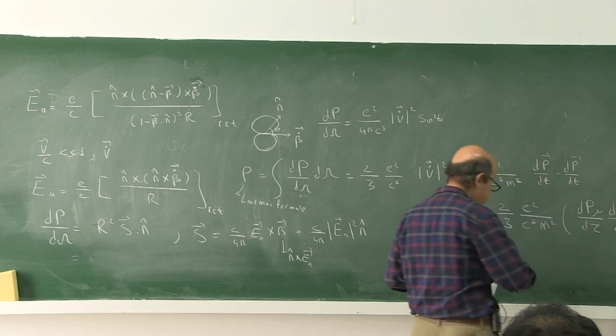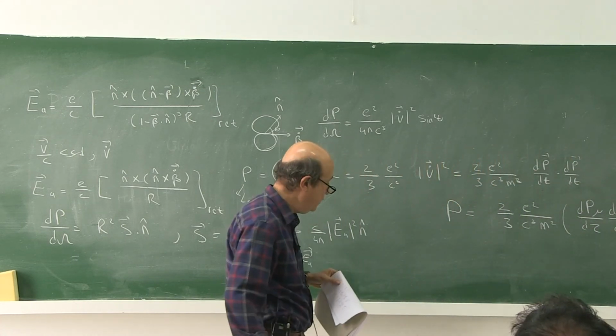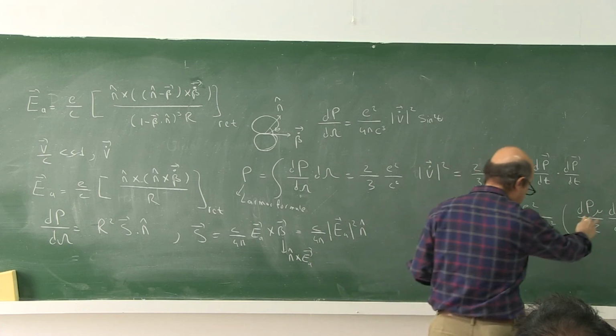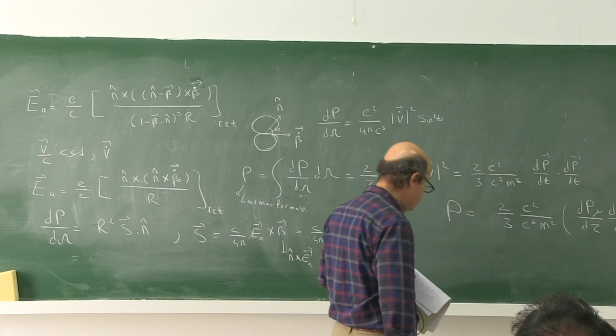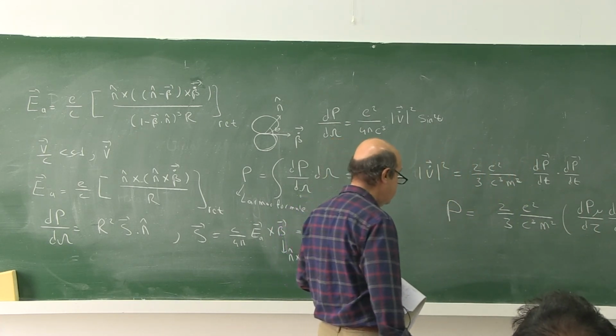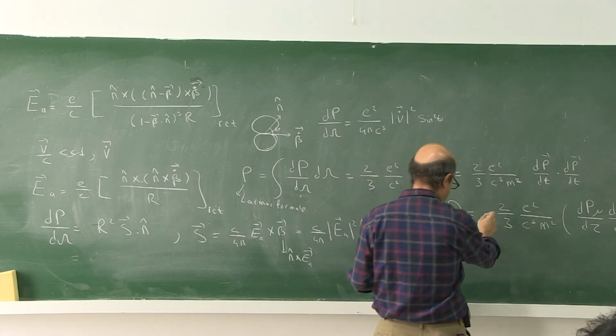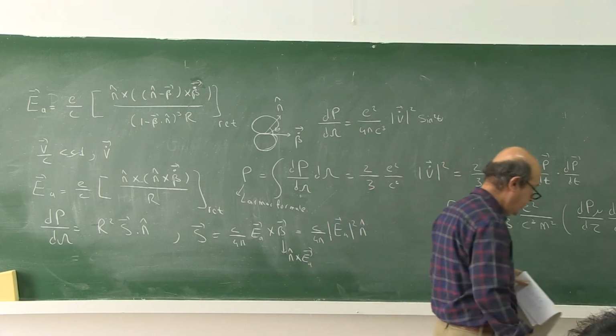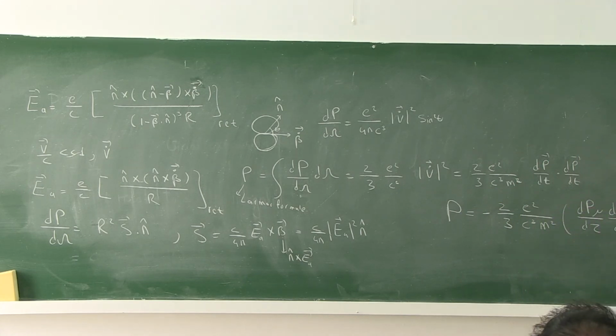This is a Lorentz invariant form because it is a scalar product of 4-vectors. There is a minus sign, so then you get the positive value of the result.